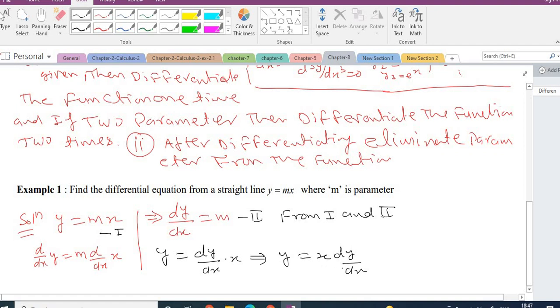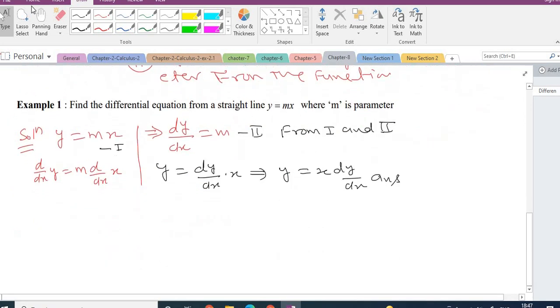That means this is the differential equation. So this is the answer to that question, the formation of differential equation by eliminating the parameters.